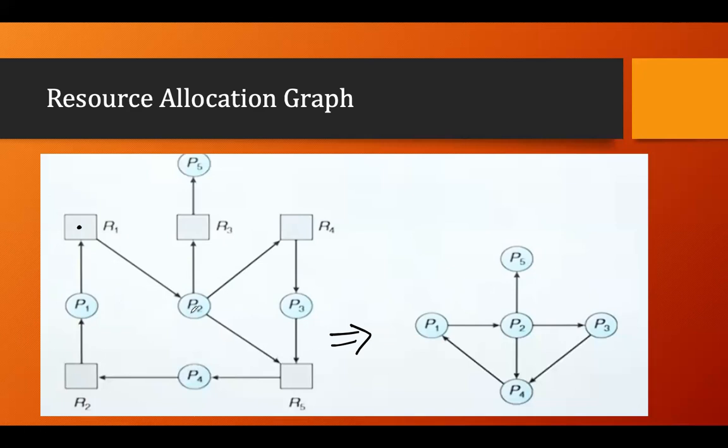So P1 will request P2. Now here you can see P3 is requesting R5, but R5 is already allocated to P4. So P3 is requesting P4, right? So this is the resource allocation graph. This graph will be converted into a wait-for graph.